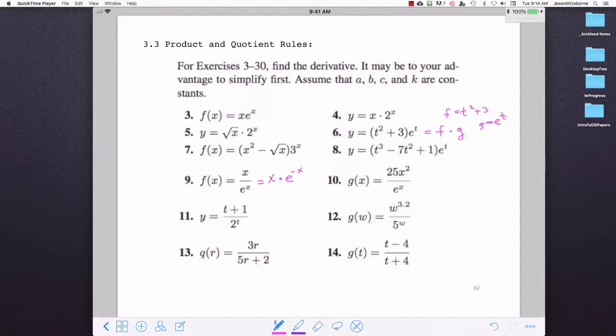Okay. This one is doable as a product rule because it's a function f times g. The function f is equal to x and g is equal to 2 to the x. So you have the ability to compute some of these derivatives using the product rule. And so would end this first video.